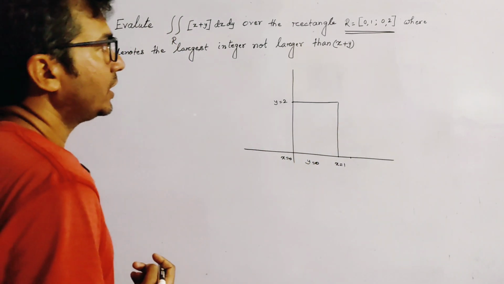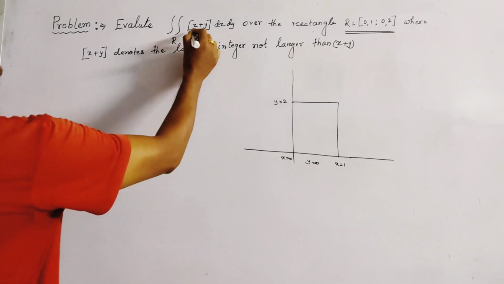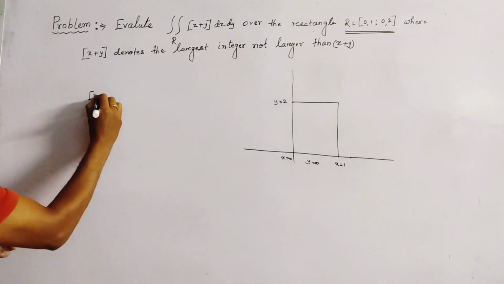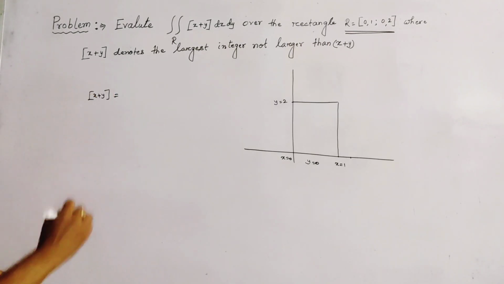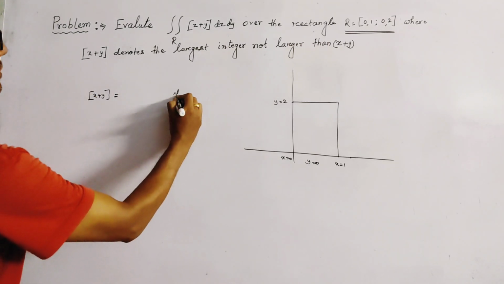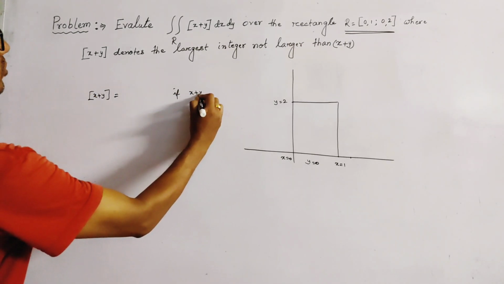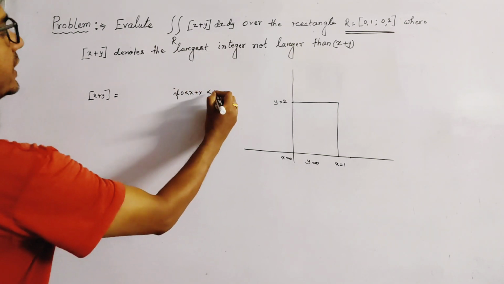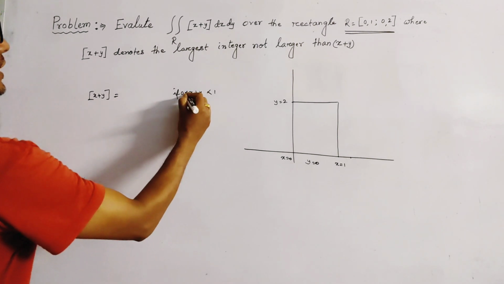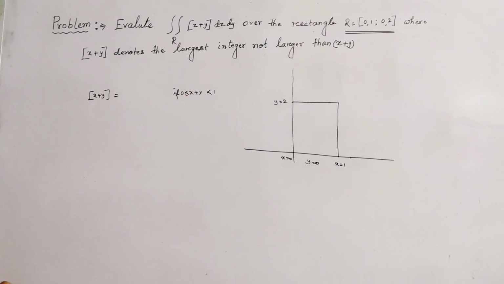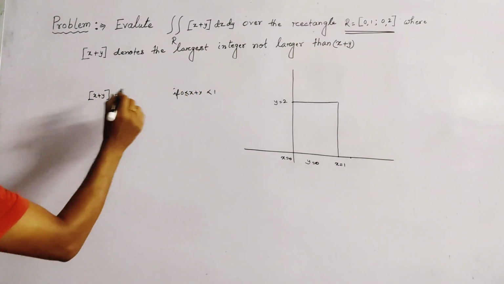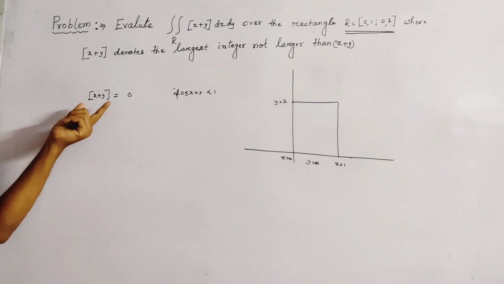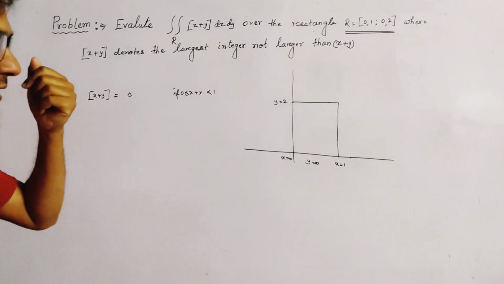Okay, now our integrand is [x + y]. Now [x + y] is equal to 0 if x plus y is greater than or equal to 0 and less than 1. This is the property of the greatest integer function.